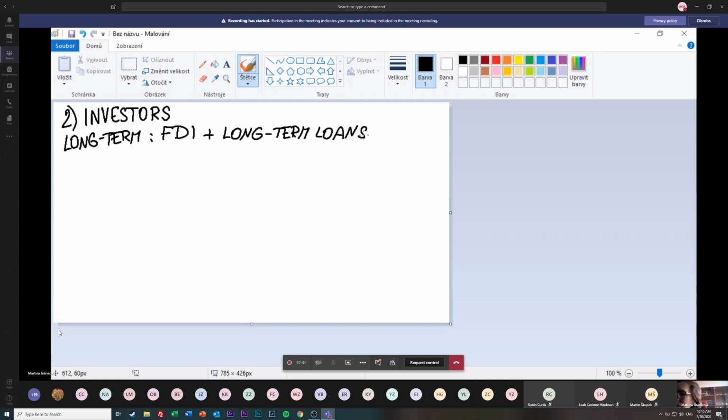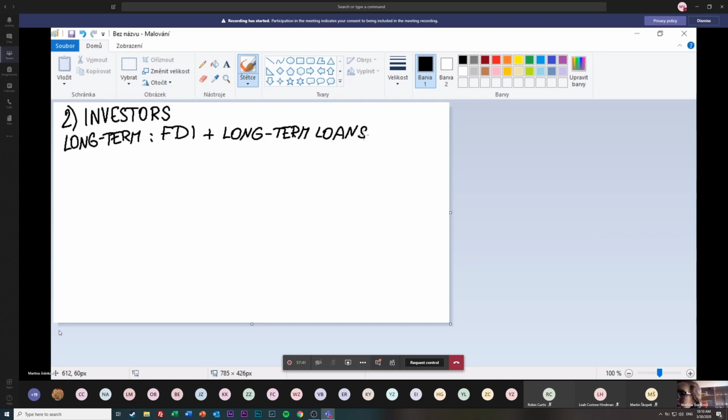So there was a capital inflow from these investors, capital inflow into the Czech Republic.